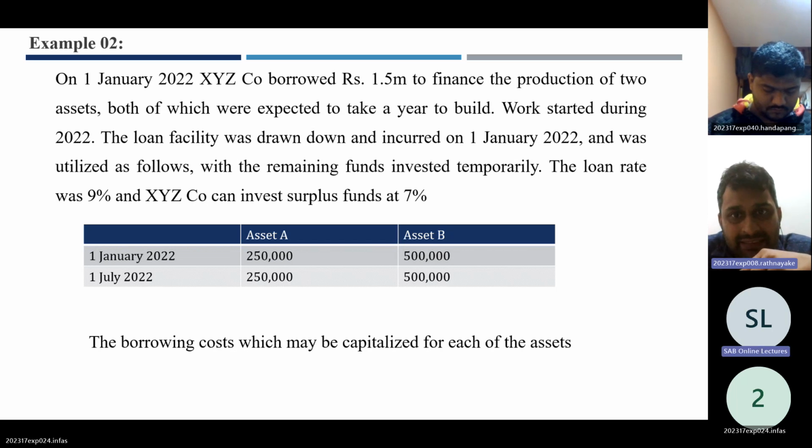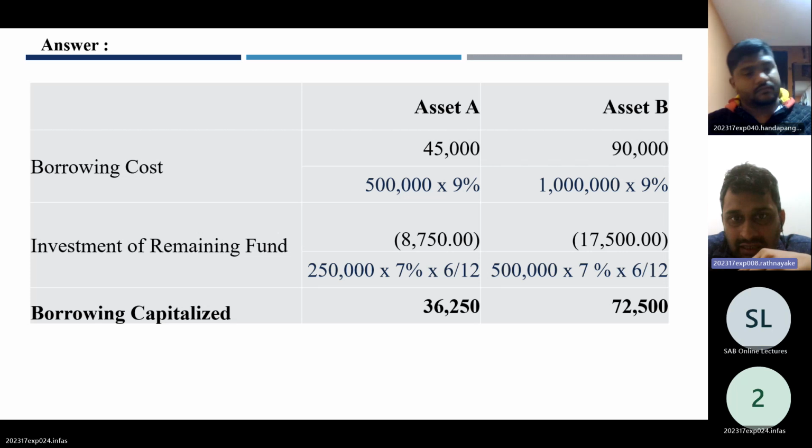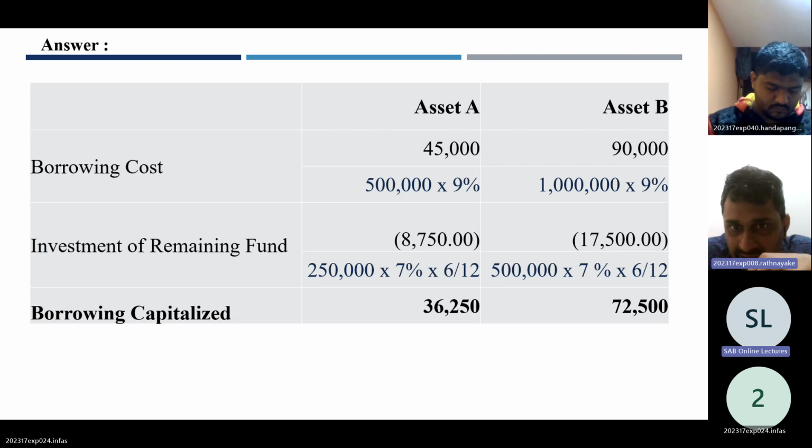Same as asset B, its borrowing cost is 100,000 at 9%, which is 19,000 for a borrowing cost, and we can invest the balance amount of 500,000 for 6 months at 7% in investment, and the difference is 72,500.